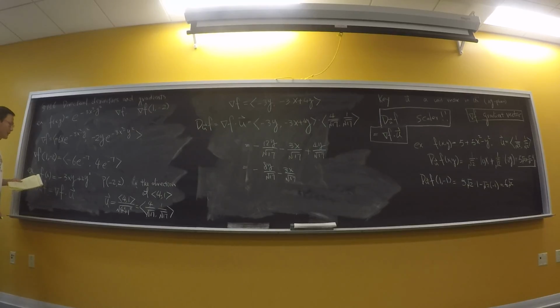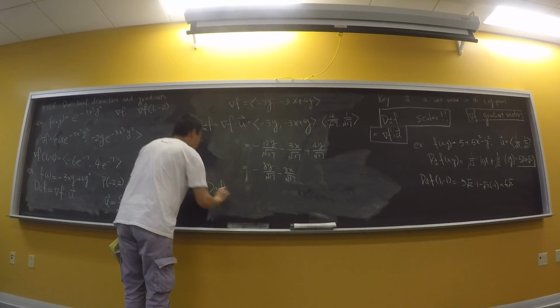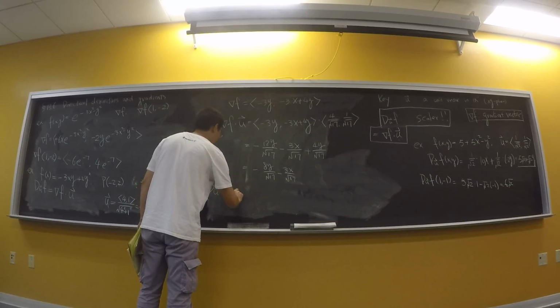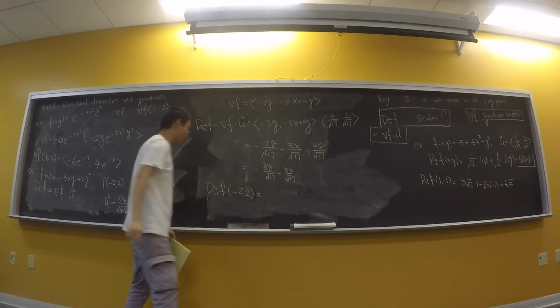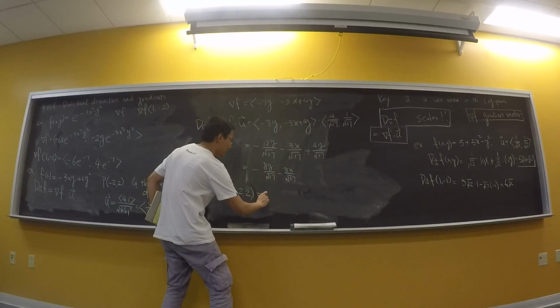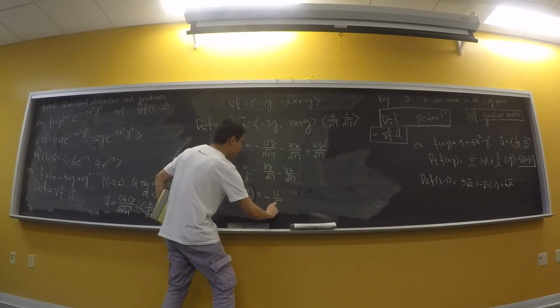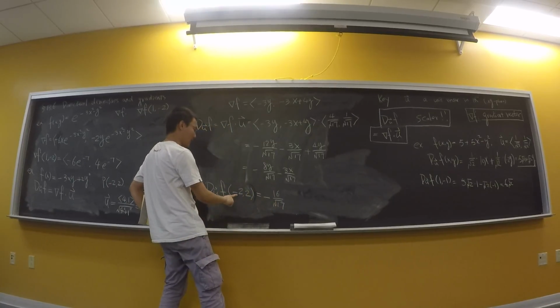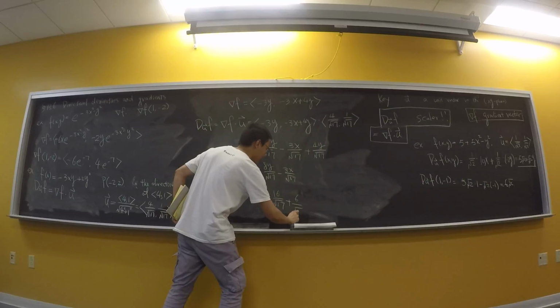And in the end, I want to evaluate D_u f at the point (minus 2, 2). So plug in these two numbers. x is equal to minus 2, y is equal to 2. So I have minus 16 divided by square root of 17, minus 2 minus, I got a plus 6 divided by square root of 17.